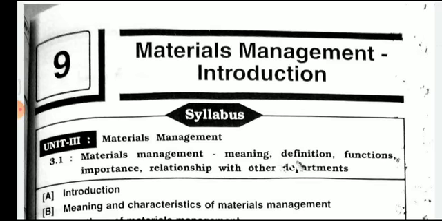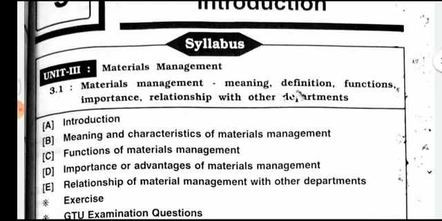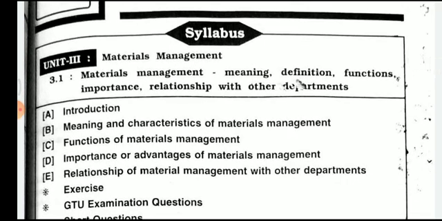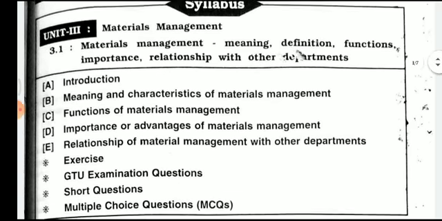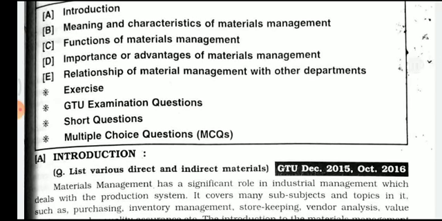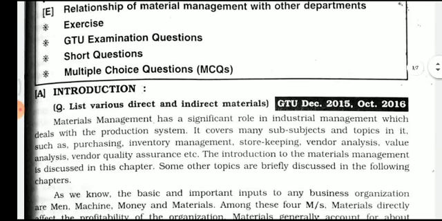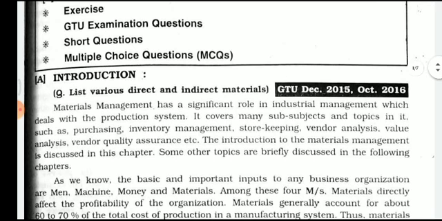Okay, so in this material management topic we are discussing the introduction, meaning, characteristics of material, then functions, then importance or advantages, then relationship with other departments. So the first topic is material management. The definition, or we can say the introduction, lists the various direct and indirect materials.